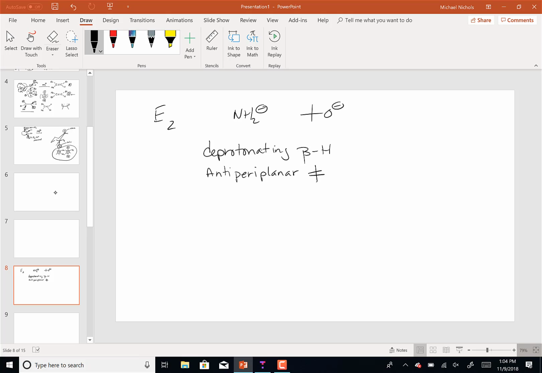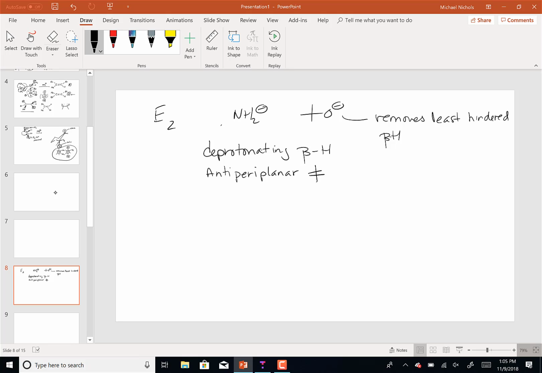As far as the NH2 minus and the tertiary butoxide go, the tertiary butoxide removes the least hindered beta hydrogen. Nine times out of 10, that will form the less substituted double bond, but not always. So our goal here is the least sterically hindered beta hydrogen.